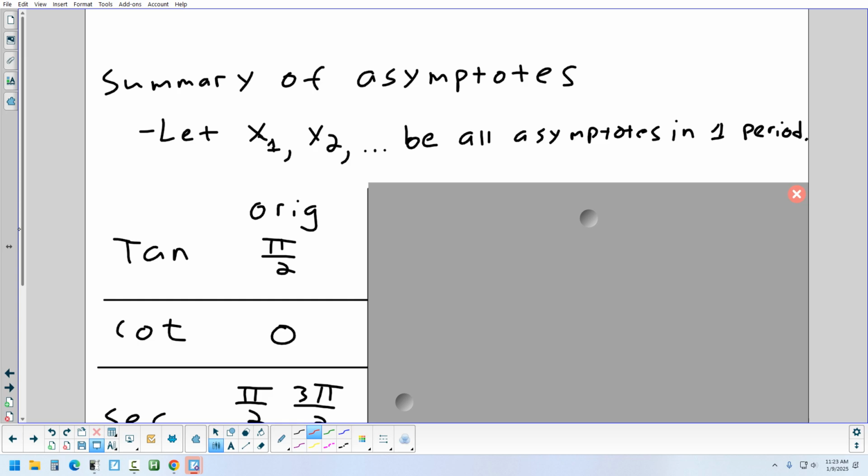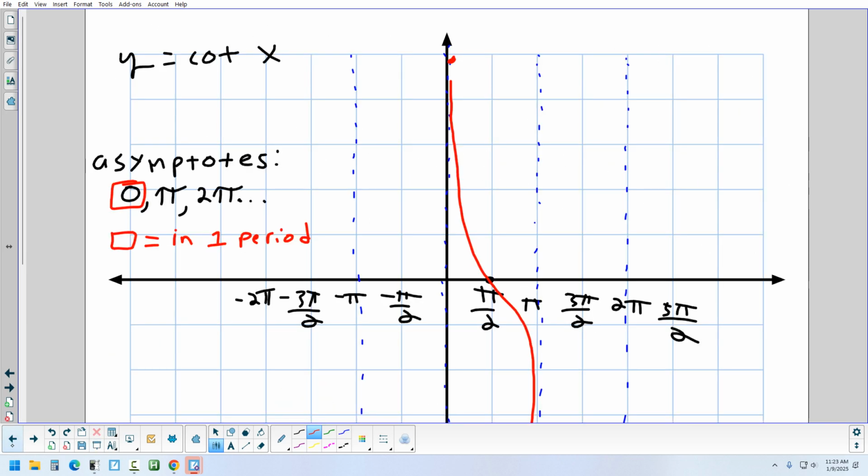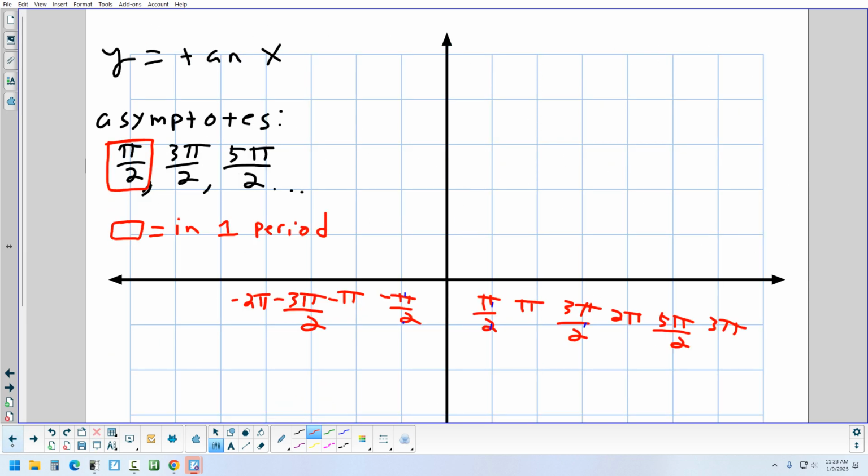That's the original first asymptote for tangent. I don't have the graph, but I have it written. Pi over 2 is the very first positive asymptote. That's what I'm giving you, the very first one for every graph.